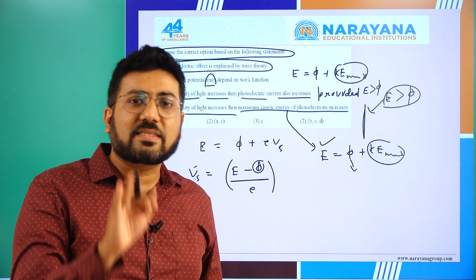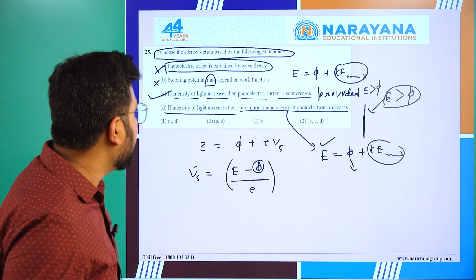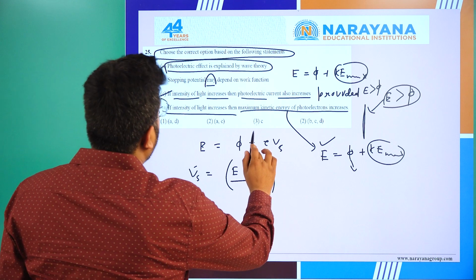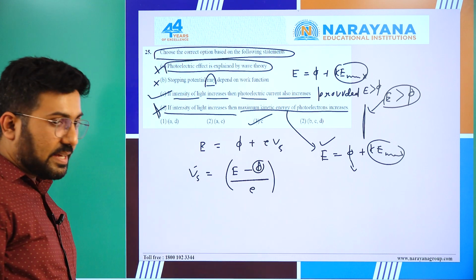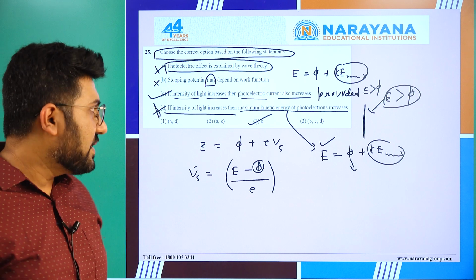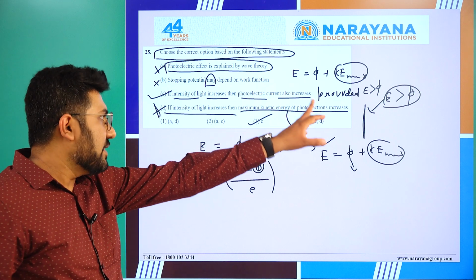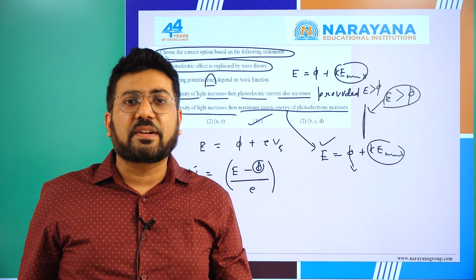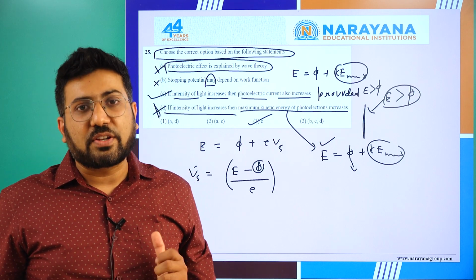So this statement is also incorrect. I would say the correct answer is C. But they should mention here, provided E is greater than phi, that is, the energy of the incident photon is greater than the work function.